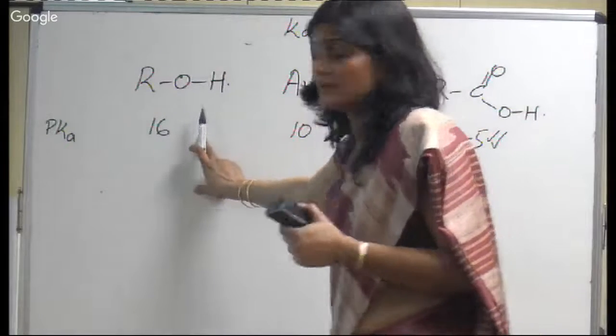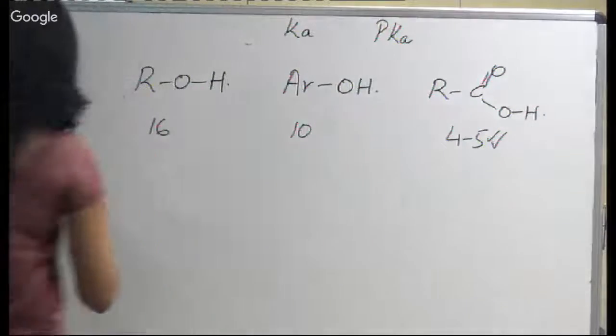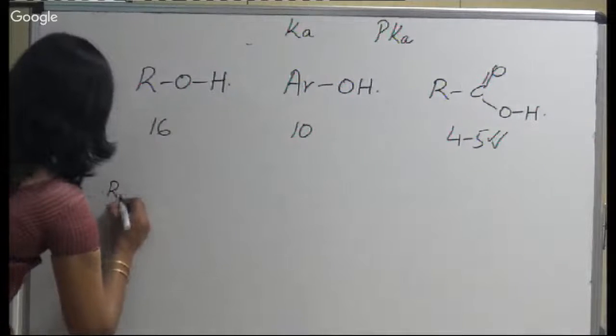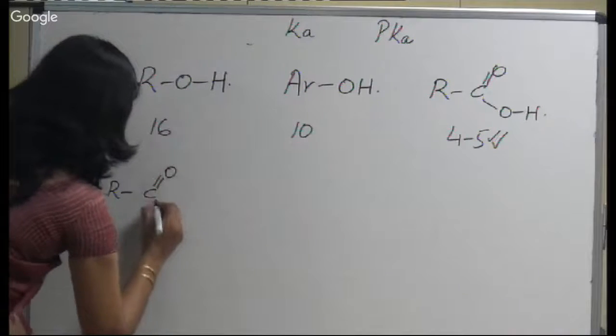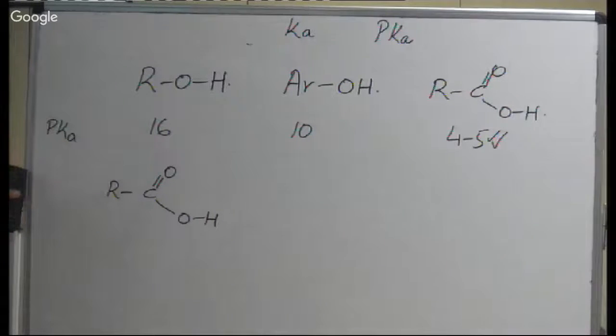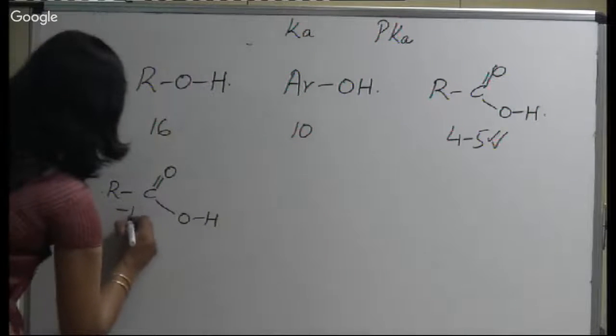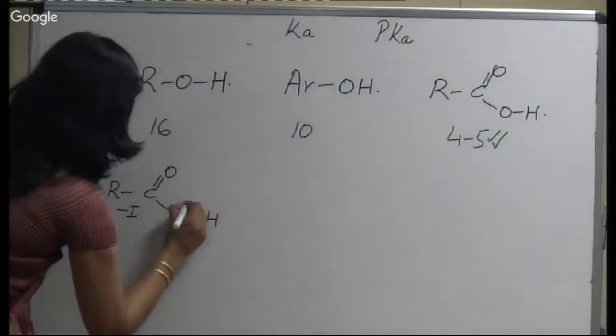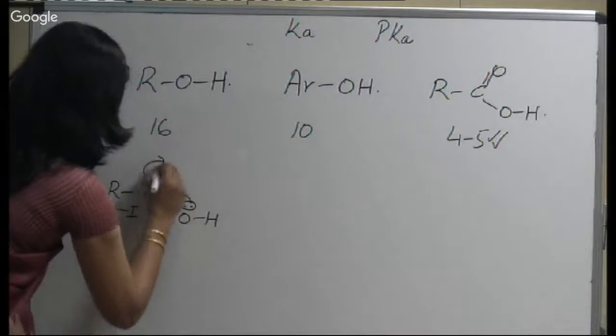What is happening in case of carboxylic acids? The first important point we have been repeating again and again is the inductive effect. Okay, minus I effect of carbonyl, because of which you have resonance.